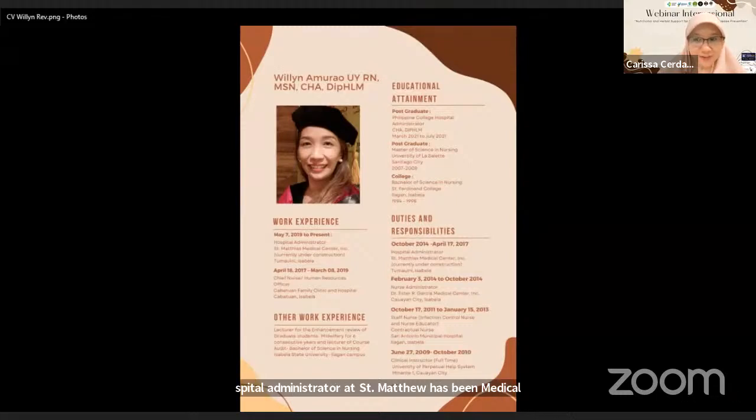She has experience as a lecturer for the enhancement review of graduate students in midwifery for 6 consecutive years and lecturer of course audit, Bachelor of Science in Nursing, Isabella State University, and also had duties and responsibilities as clinical instructor in 2010, then staff nurse in 2013, and nurse administrator, also hospital administrator.